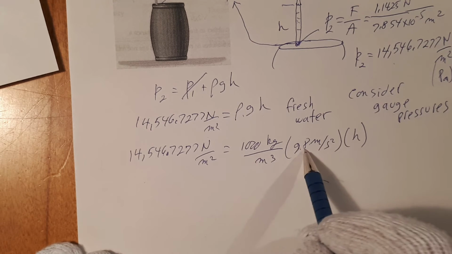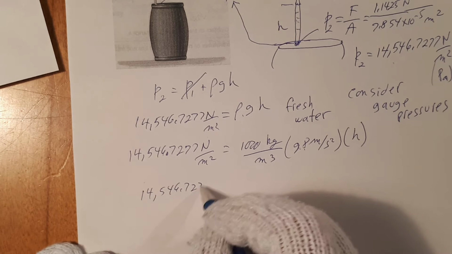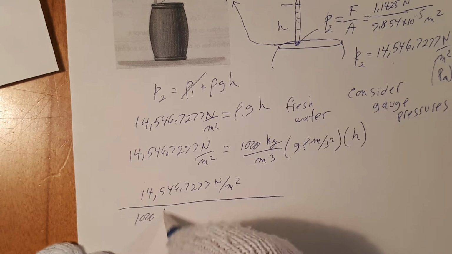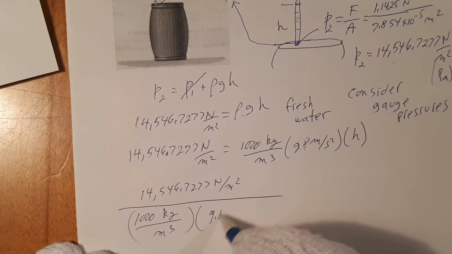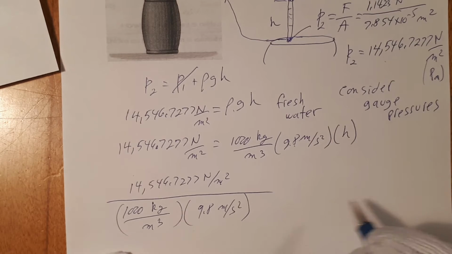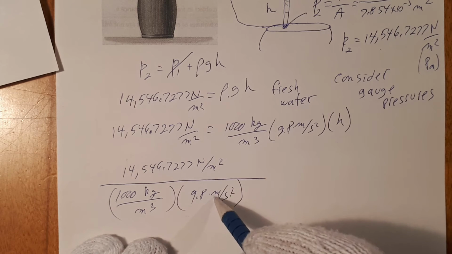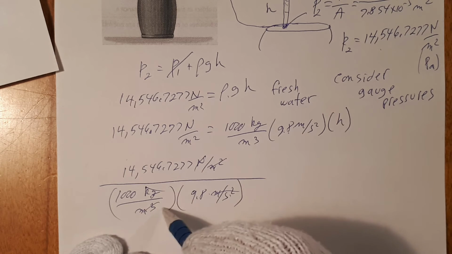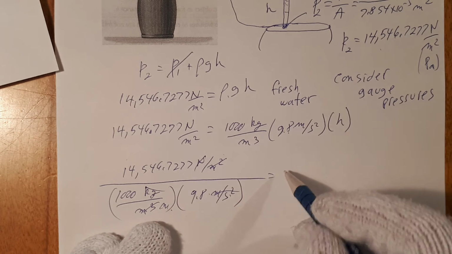Divide both sides by 1,000 kilograms per cubic meter, and divide by 9.8 meters per second squared. Looking at all these units, kilogram meters per second squared is a newton, they cancel out. Cubic meters leaves us one meter in the denominator of the denominator, so it comes up to the numerator, giving us a height in terms of meters.